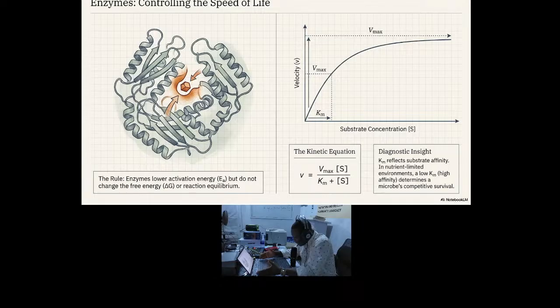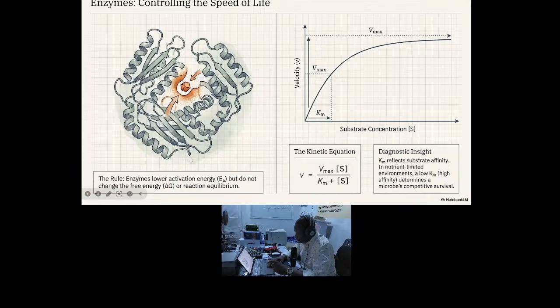No biological reaction will take place in the absence of what? An enzyme. And that's why enzymes lower the activation energy. Remember, it lowers the activation energy, but does not change the free energy, which is delta G, or reaction equilibrium.